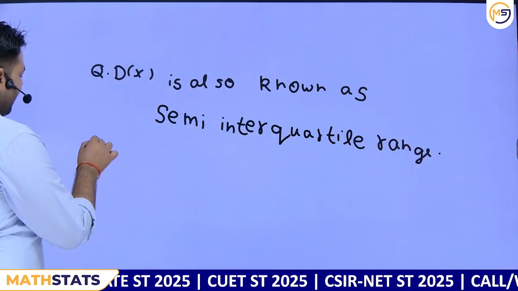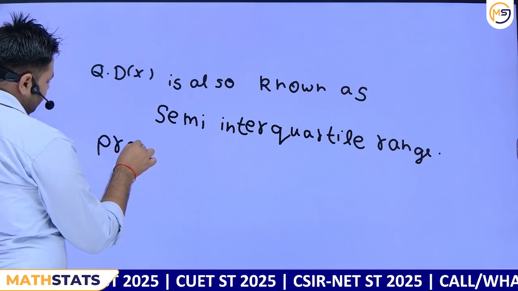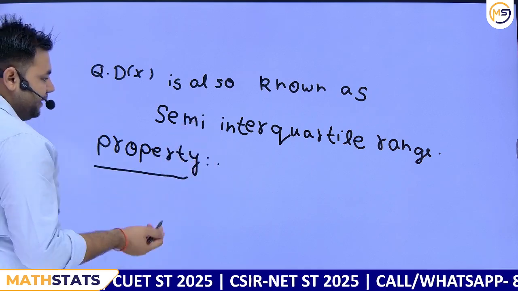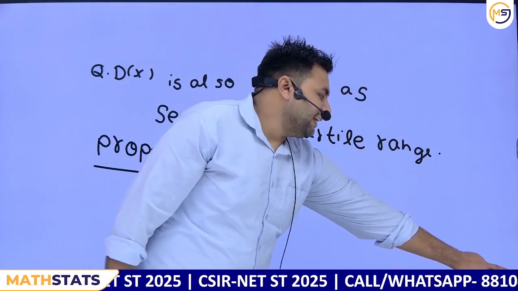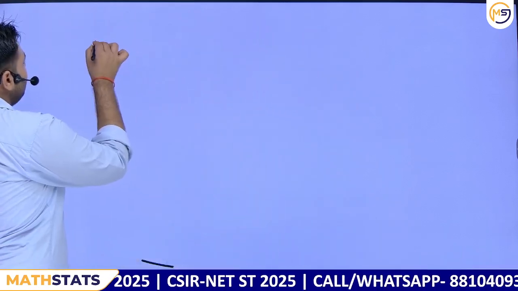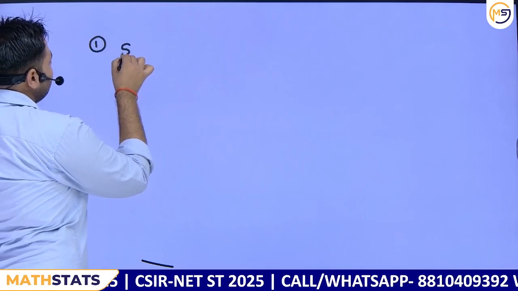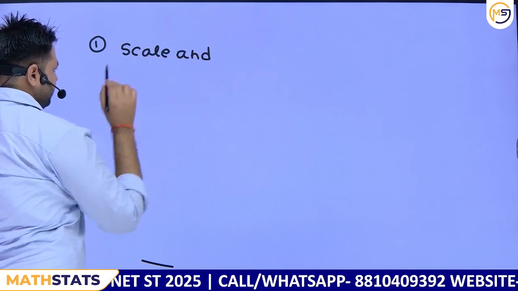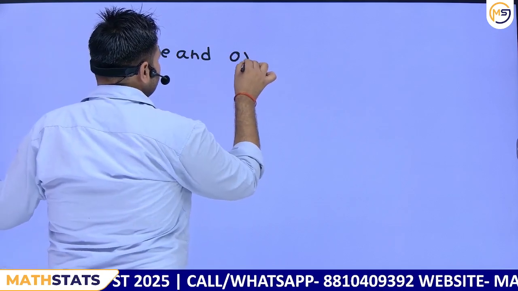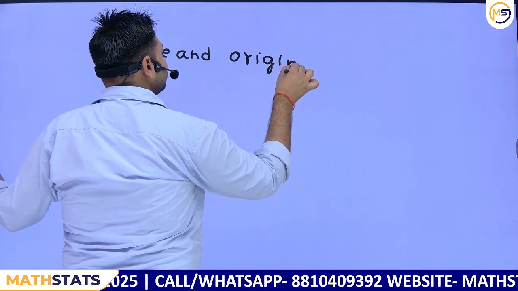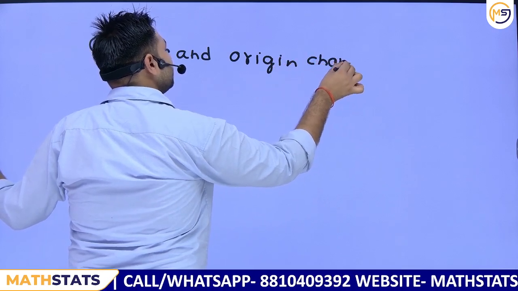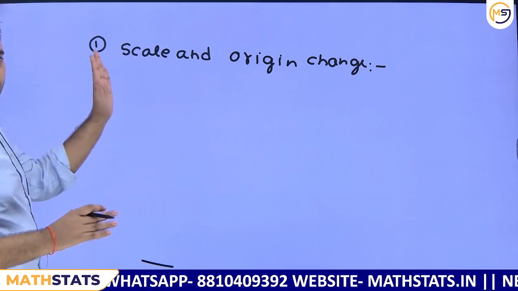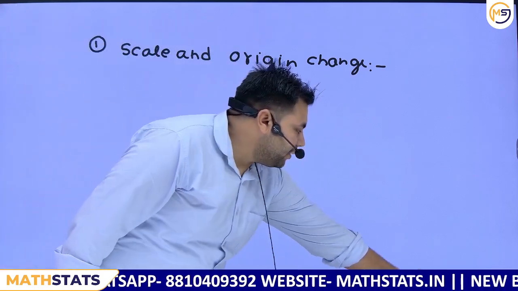So now we are talking about properties of quartile deviation. First property is scale and origin change. अगर किसी को कोई प्रॉब्लम है इन फार्मूले में तो पूछ सकता है.